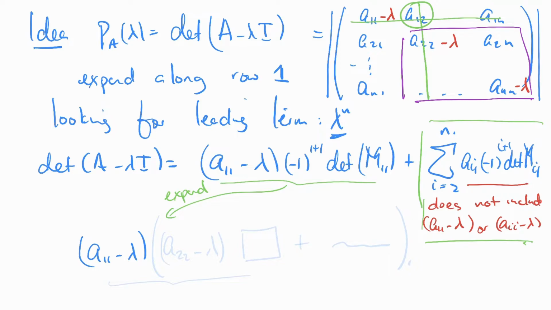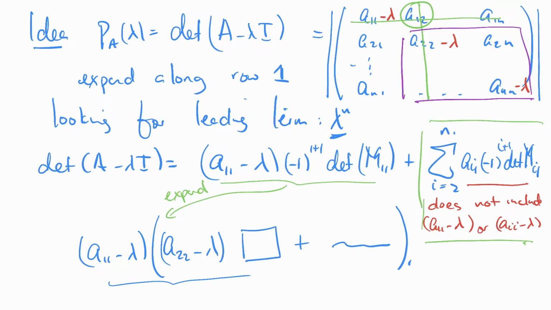And it's going to start in its upper left corner. We are going to get A22 minus lambda times something plus some other stuff. Okay, we're not being very precise here, and we don't have to be, because what we're looking for is the lambda to the n term. It's going to be in here somewhere.